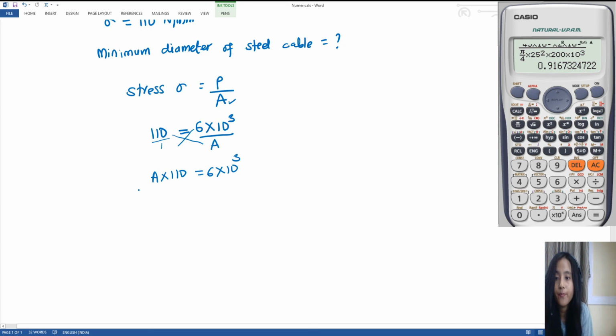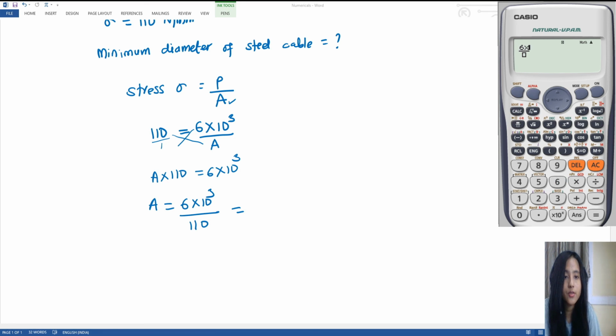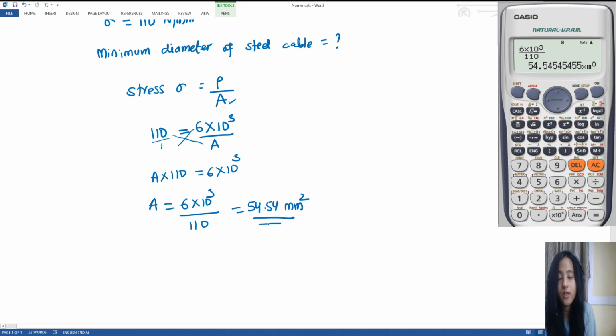So area will be equal to 6 into 10 raised to power 3 divided by 110, which is coming equal to 54.54 mm square. So this is the area of the steel cable.